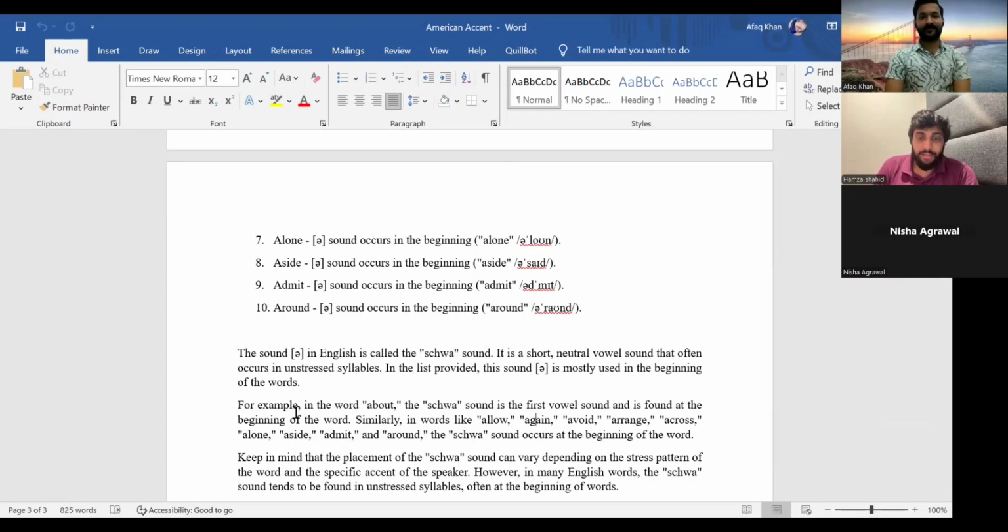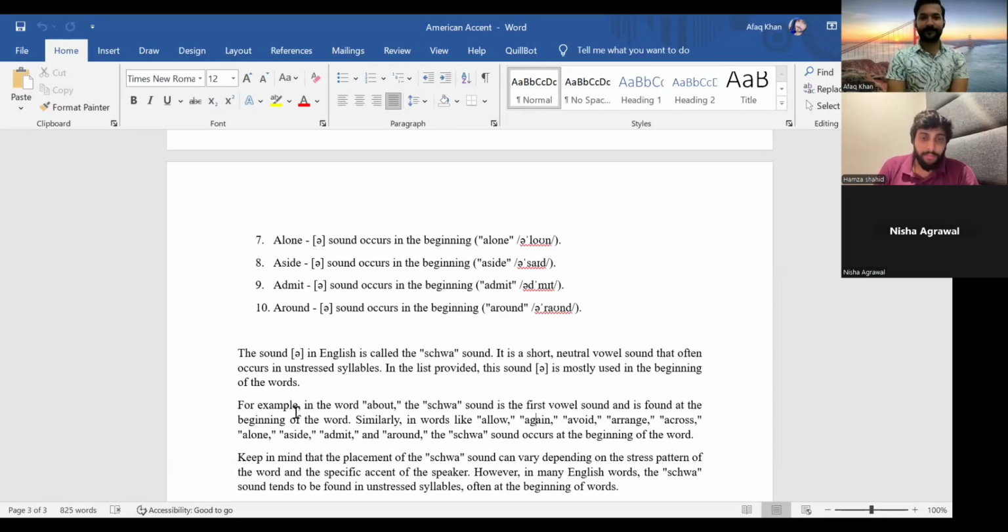Similarly, in words like allow, again, avoid, arrange, across, alone, aside, admit, around, the schwa sound occurs at the beginning of the word.